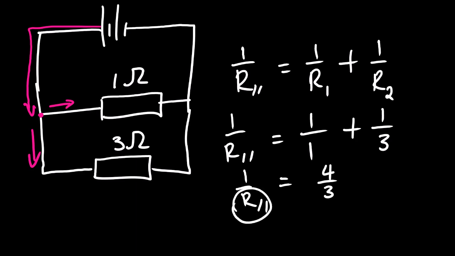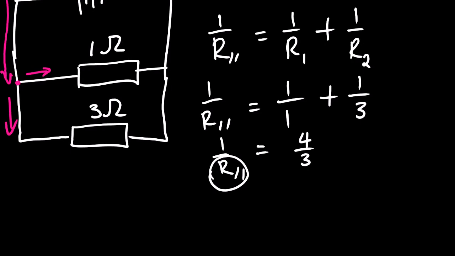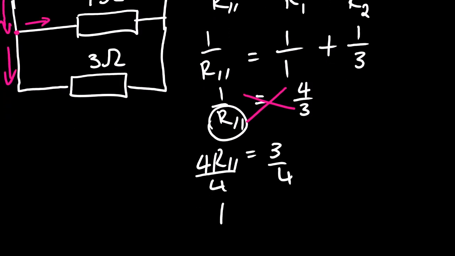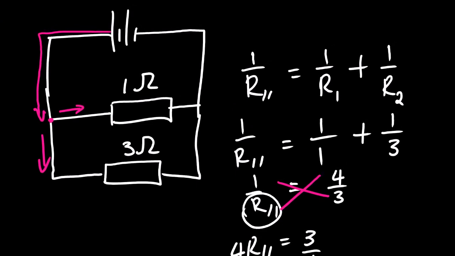We are looking for R parallel, not 1 over R parallel, so we need to cross multiply. So it's 4 multiplied by R parallel, we have 4R parallel. 1 multiplied by 3, we have 3. Divide by 4 both sides. And then R parallel is equal to 3 over 4 ohms. That is the effective resistance of the circuit.